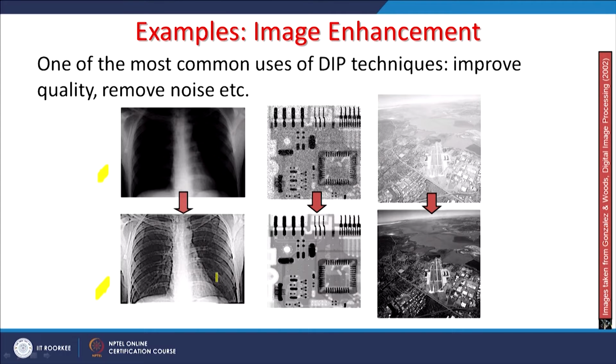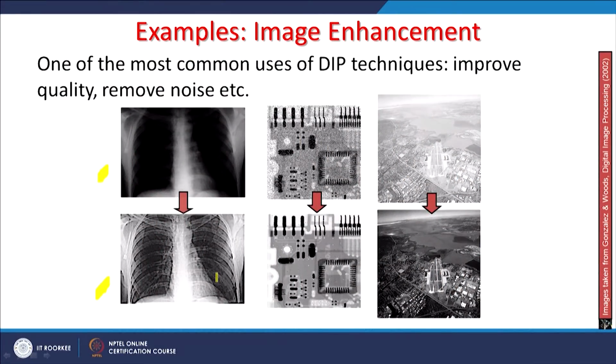So one of the most common uses of digital image processing techniques is to improve quality and remove noise, if it is there, and that way we can definitely make images more interpretable, and these images can be used more reliably either by doctors or civil engineers or maybe decision makers.